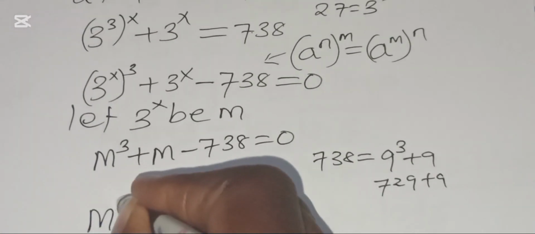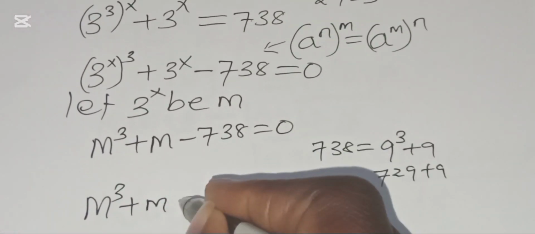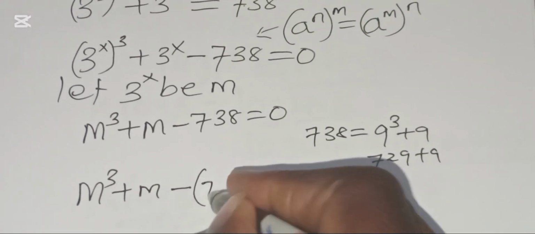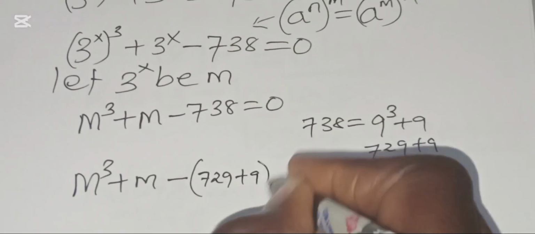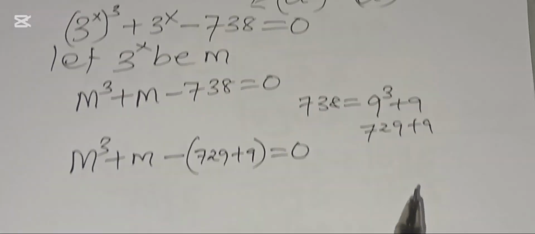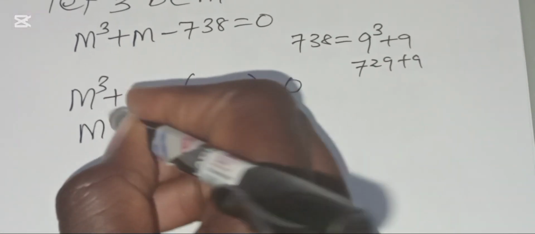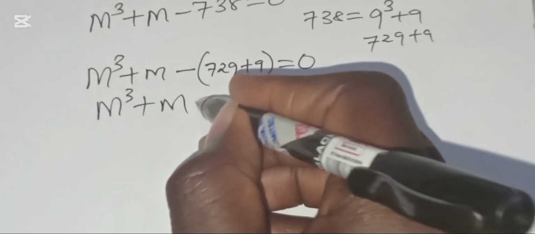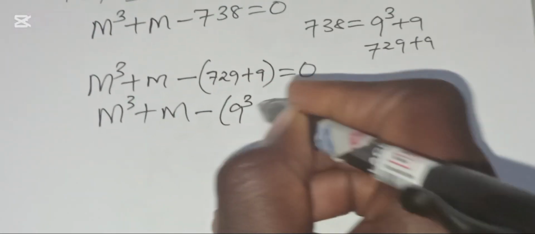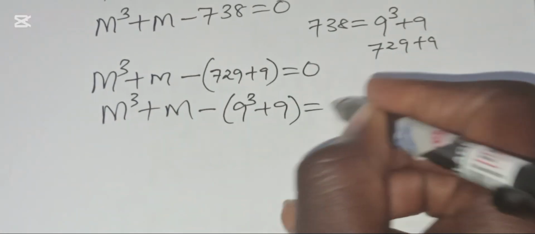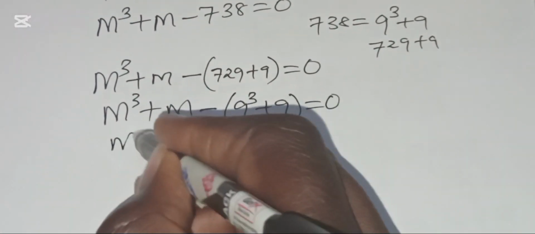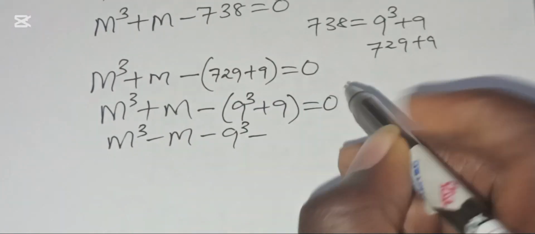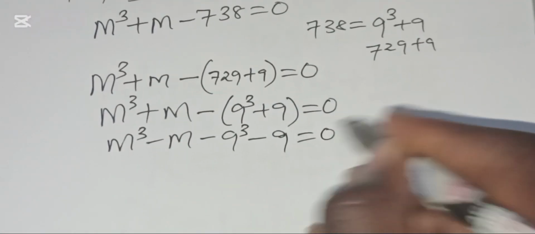We're going to have m cubed plus m subtract 7.8, which we can express as 729 plus 9, equal to 0. Now we'll have m cubed plus m, subtract 9 cubed plus 9, equal to 0. That is m cubed plus m subtract 9 cubed subtract 9, equal to 0.